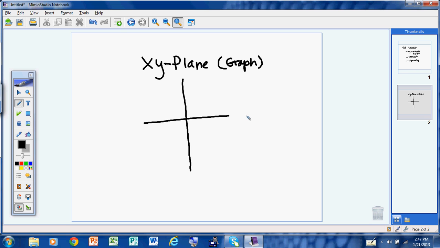With an XY plane, you have an x-axis and you have a y-axis. This point here where they cross is referred to as the origin.